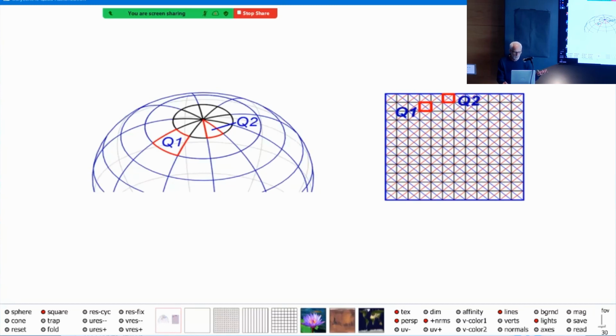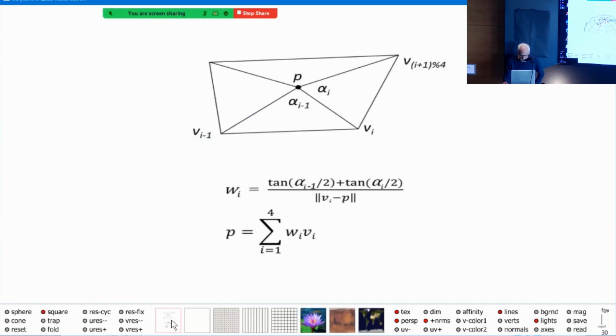So let me go on and talk about the solution that Hormann and Tarini proposed. I want to make sure I'm not getting out of order. Yeah, so they proposed this solution: at a given pixel, we can know the attributes of the corners of the quadrilateral. They might be texture coordinates, they could be color, they could be surface normals.